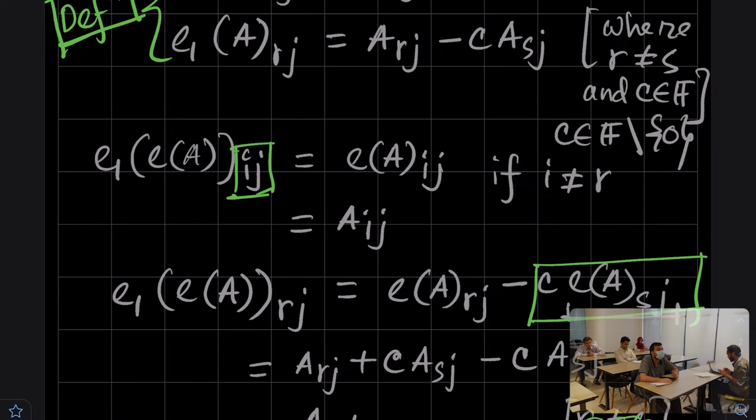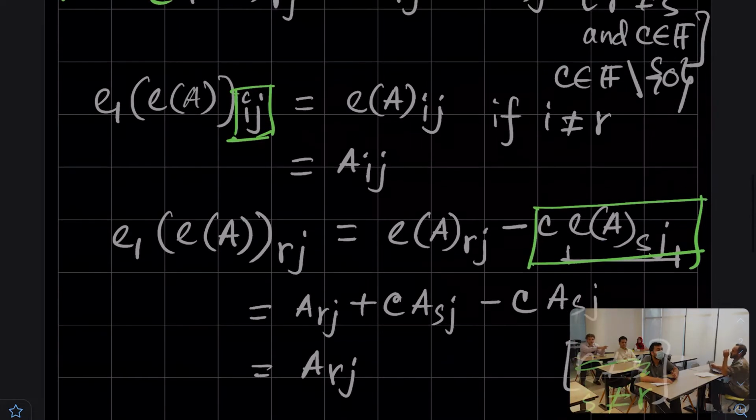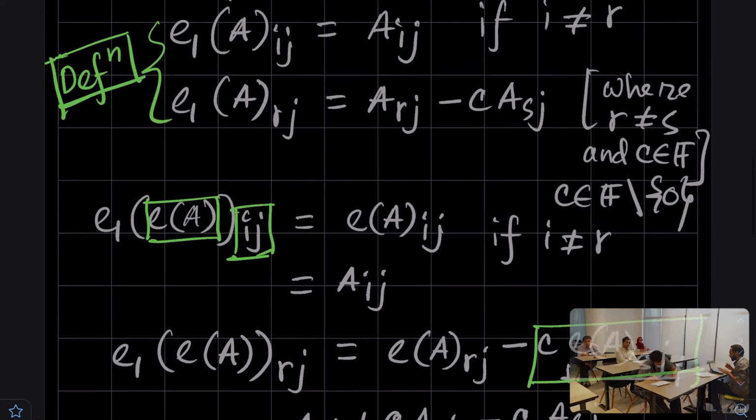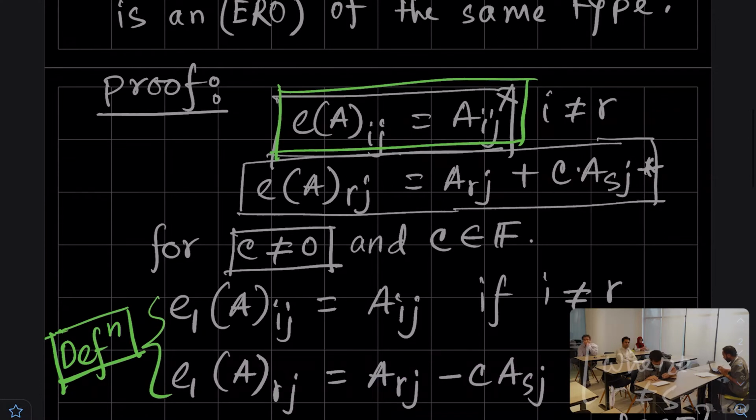To answer his question, you won't be able to do what you want. You cannot do E of A first, because that ij is attached to E1 of E(A), so I don't know what the index inside is. By definition, E(A)ij is equal to Aij.